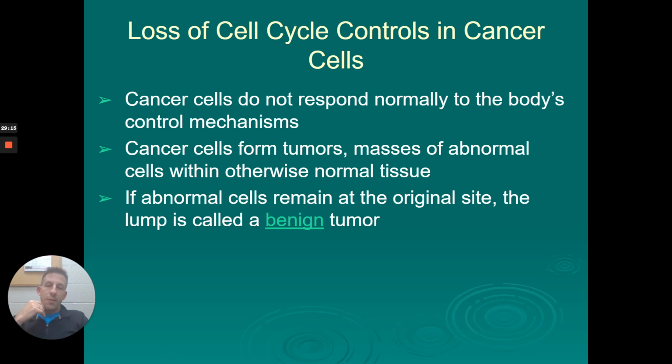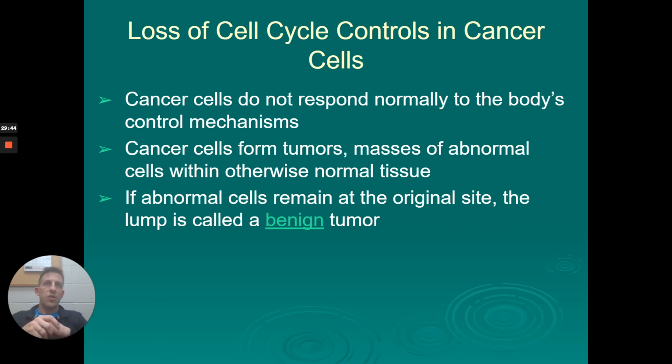Now, if these abnormal cell masses remain in the original site, okay, that tumor is called a benign tumor. Now, generally speaking, if you get a tumor that is benign, you got one that is okay. I don't like saying okay because benign tumors just mean that the tumor is going to stay in the original site. It doesn't mean that benign tumors aren't dangerous. You can have a benign tumor in your brain and it can still kill you.